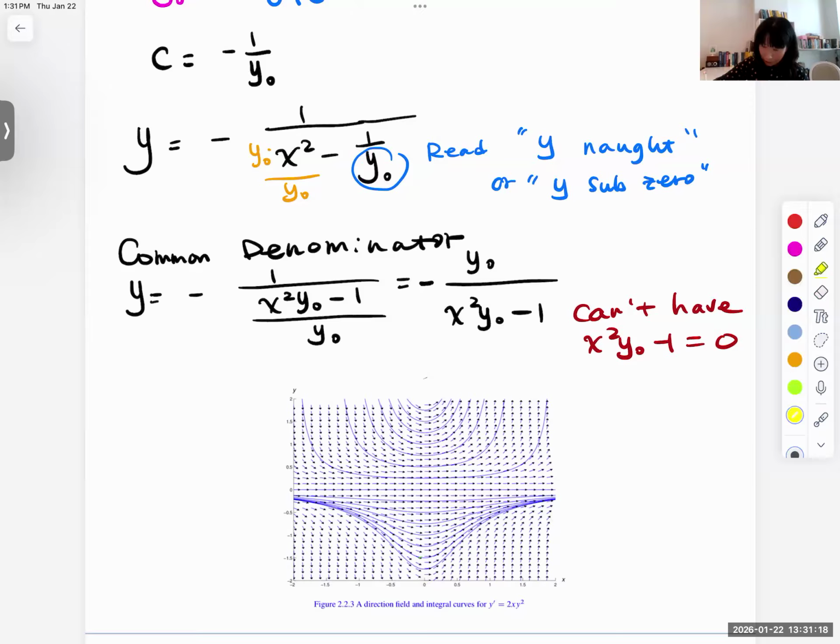Can you see that? All right, so the graph, ooh, here, let me see. I don't think this is negative 1.5. No, no.